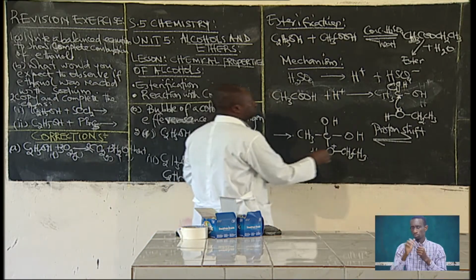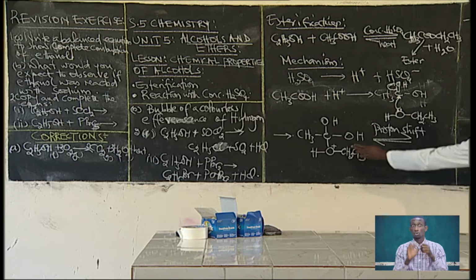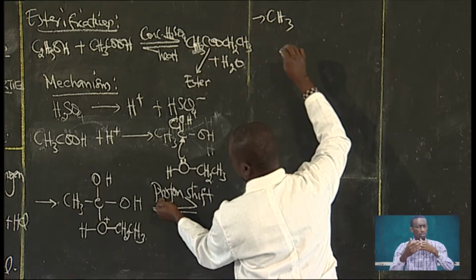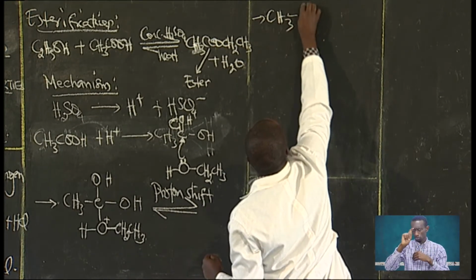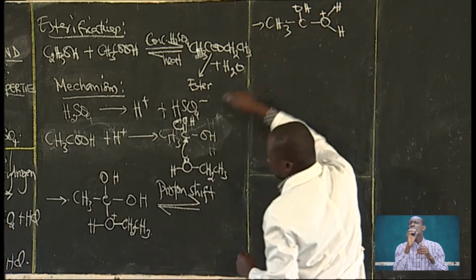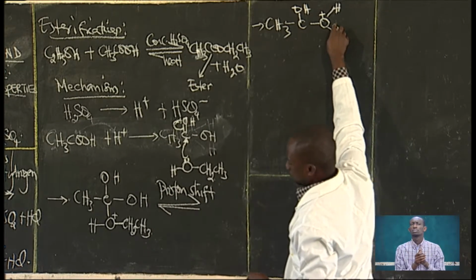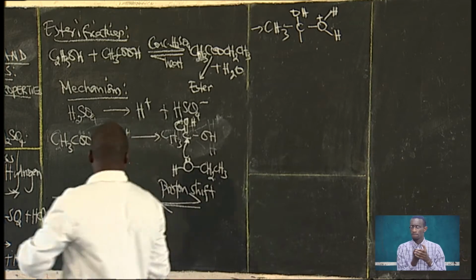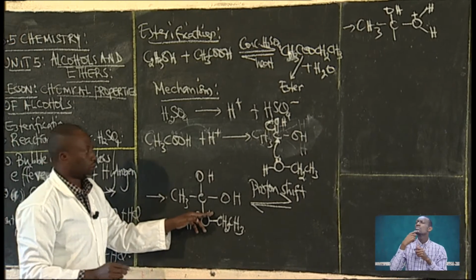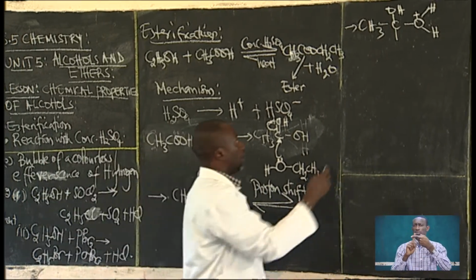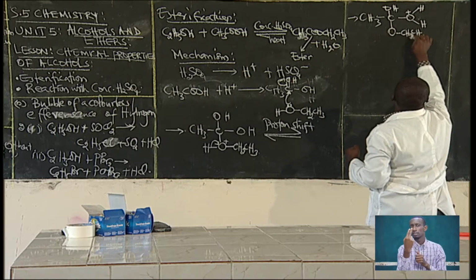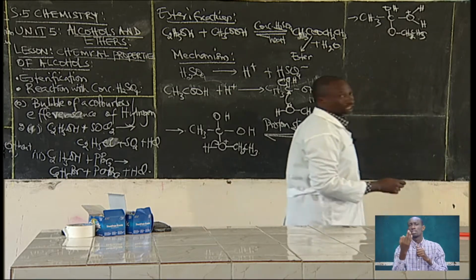So the product that will be formed after the proton shift will be CH3C(OH), we have O, assuming one hydrogen has come to this oxygen. So remember, when we say the proton shift, this hydrogen has to break to neutralize the positive charge. That is the proton moving. And therefore, we'll have oxygen with CH3, CH2, CH3. This is the product that is formed.